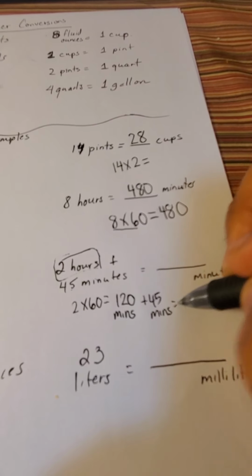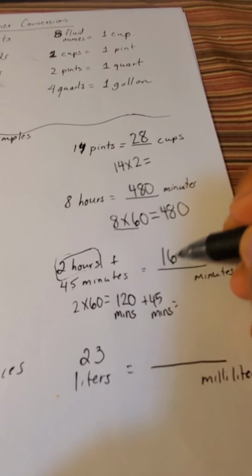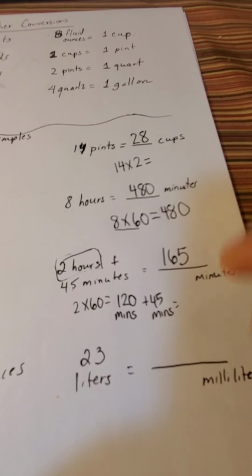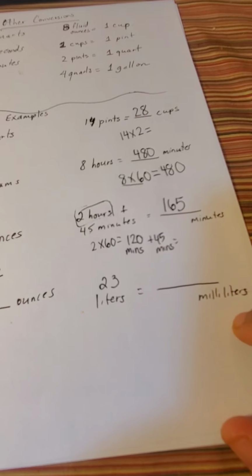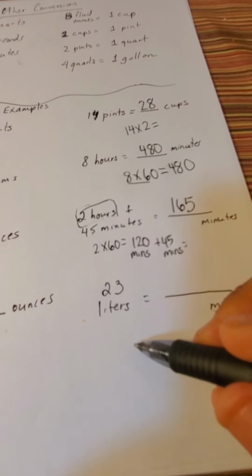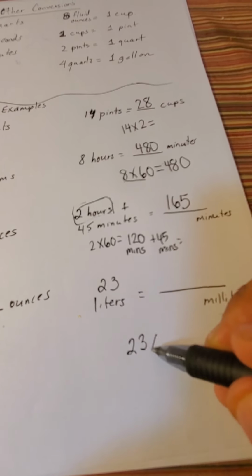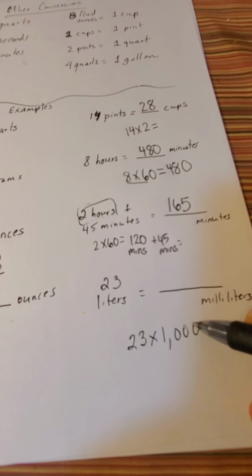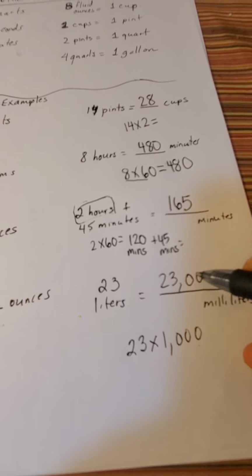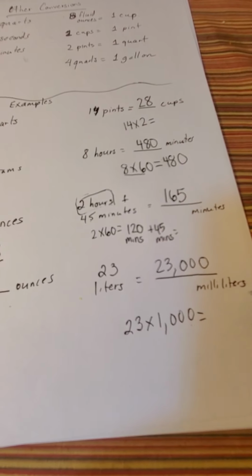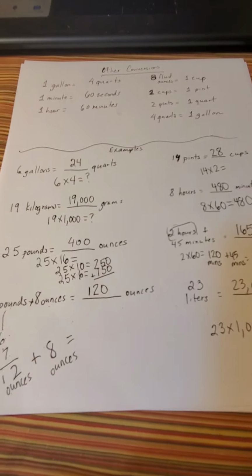So you add all the minutes together and you get 165 minutes. And then the last example, 23 liters, how many milliliters? Well, I know a liter is 1,000 milliliters. So 23 times 1,000 would be 23,000 milliliters.